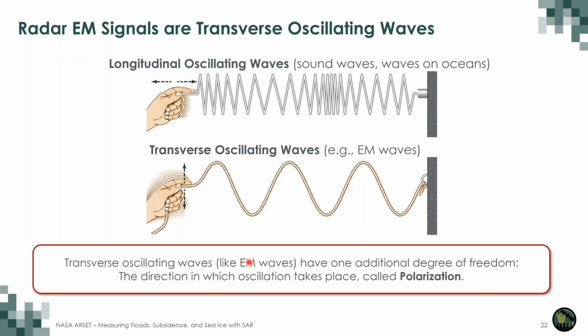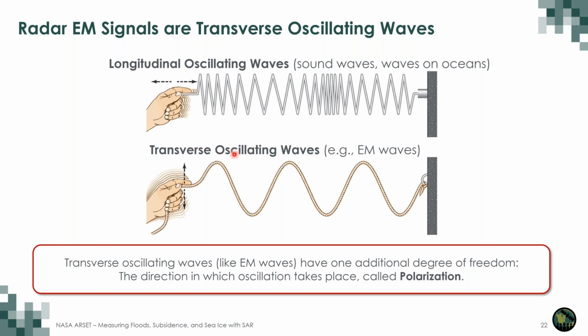In addition to cloud penetration, radar also provides another capability that you don't get as easily from optical data. And the capability is the exploitation of polarization. Now, polarization is the orientation of the oscillation of an electromagnetic wave. So if you think of electromagnetic signals, they are so-called transverse oscillating waves.